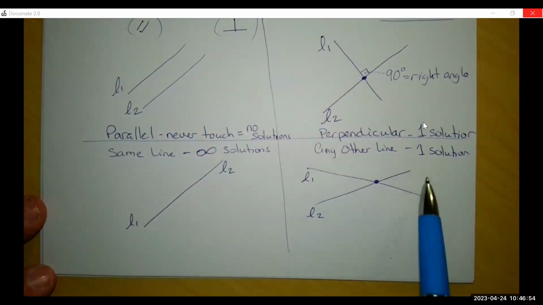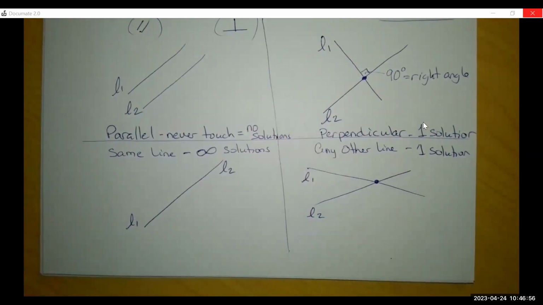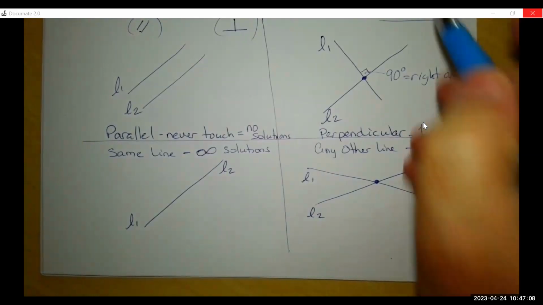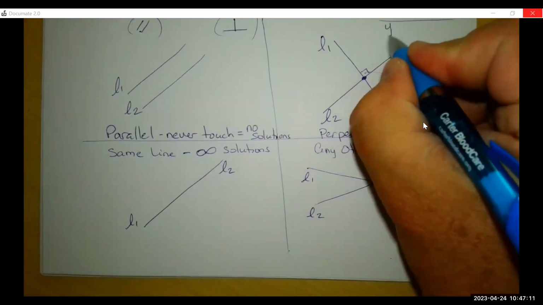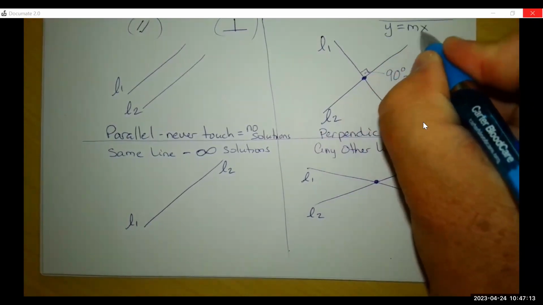And any other line only touches one time, they have one solution. If we have 2 lines, how do we tell which one of these 4 they fit into? Remember, when we talk about lines, we're talking about lines that look like this: y equals mx plus b.